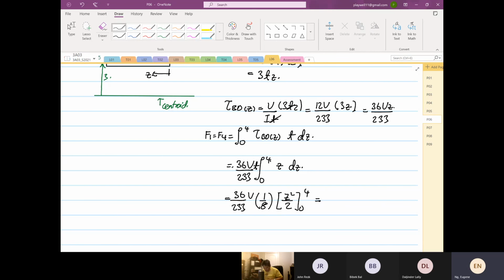So Z squared. Oh no, I think I'm correct. Maybe I shouldn't divide by the T, because the T can be cancelled later. So 4 squared divided by 2 times 36 divided by 233 equals 288 over 233 VT.